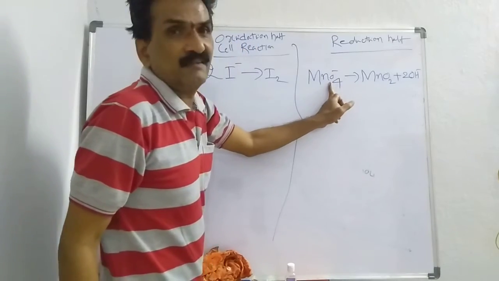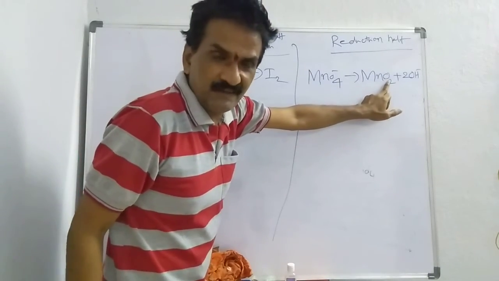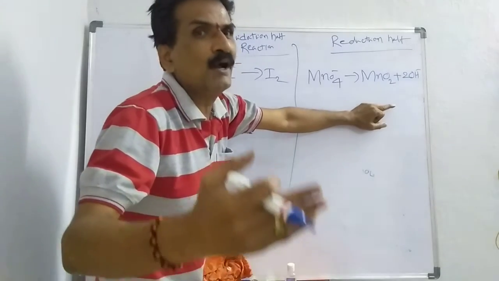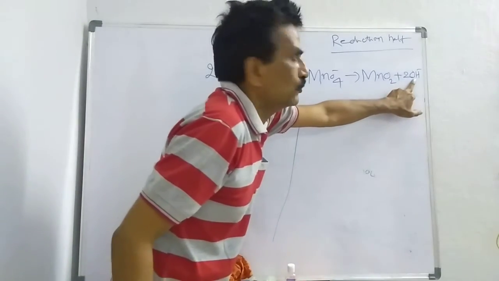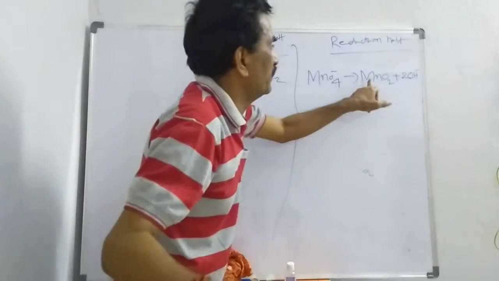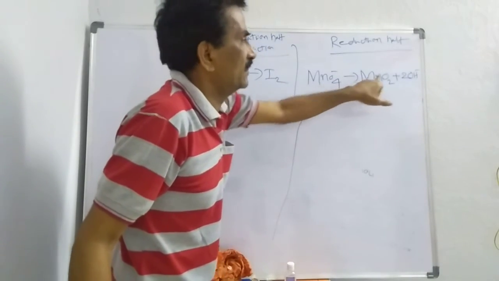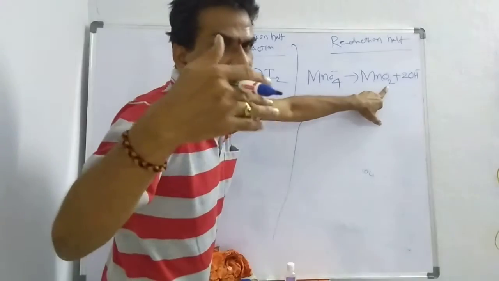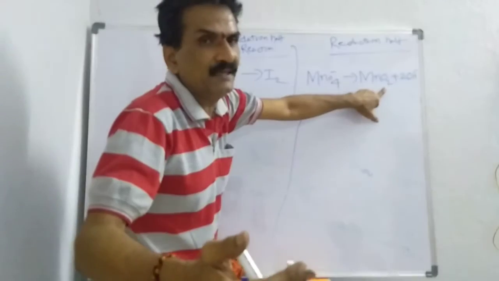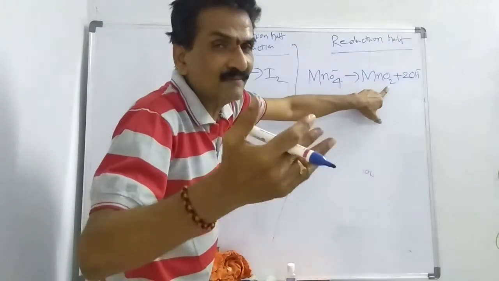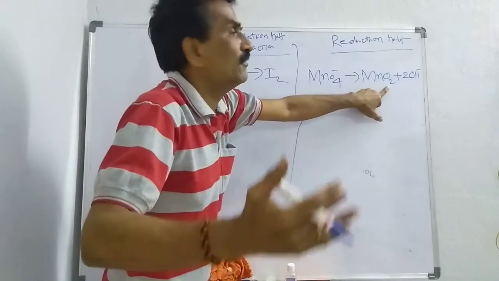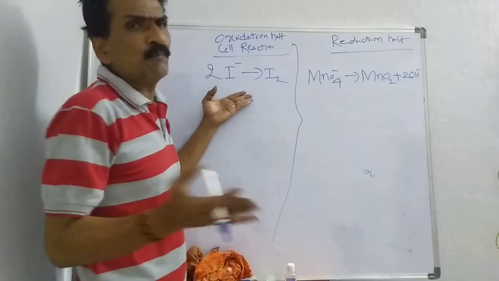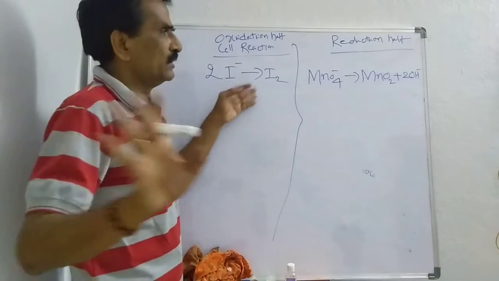Here 4 oxygens are there, here only 2 oxygens. To balance the oxygen in basic medium, we have to add OH minus. So I have added 2 OH minus, because 2 oxygens are needed. Where oxygens are needed, we have to add 2 OH minus. Here there is no problem. No H, no O.